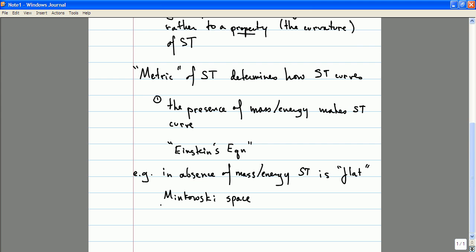The second rule, or the second principle that makes up Einstein's theory of general relativity, is a rule for determining how objects travel through curved space-time.